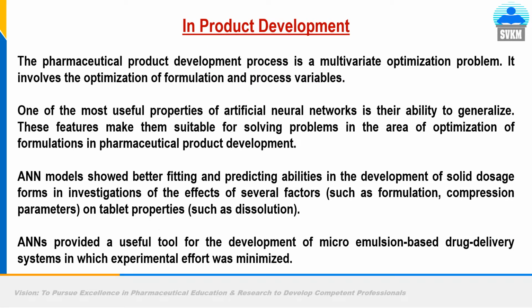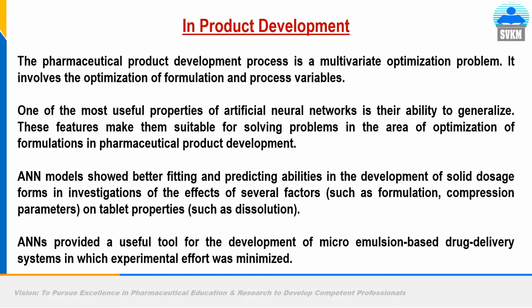In product development, the applications of AI, the pharmaceutical product development process is a multivariate optimization problem. It involves the optimization of formulation and process variables. So we have seen in our earlier video that when there are many input features, many covariates, and when there is a very complex type of correlation which cannot be handled in a linear manner, then these types of problems are the best problems for the deep learning model.